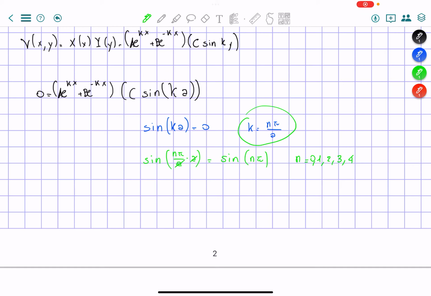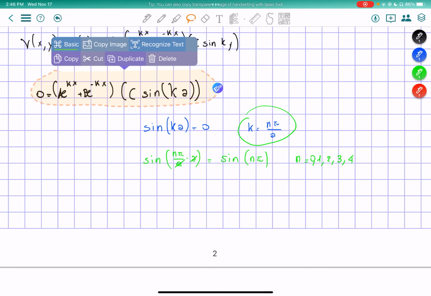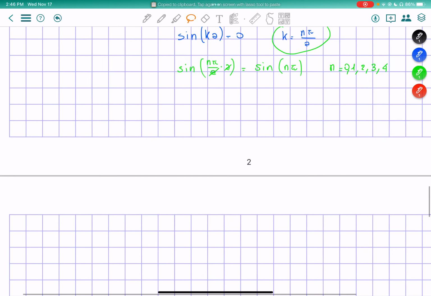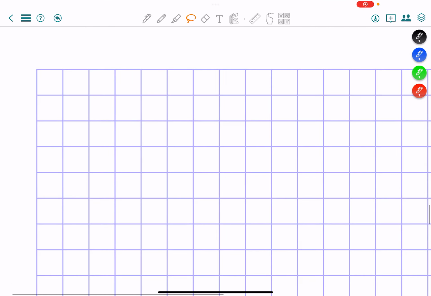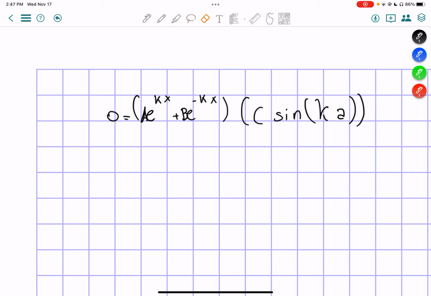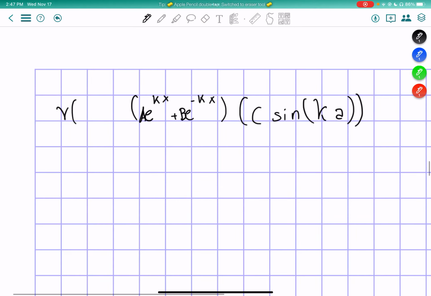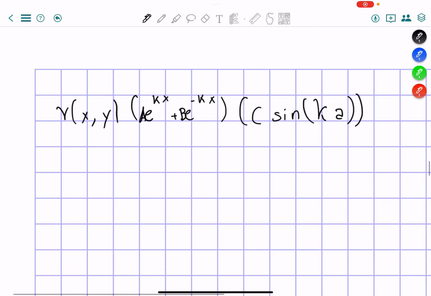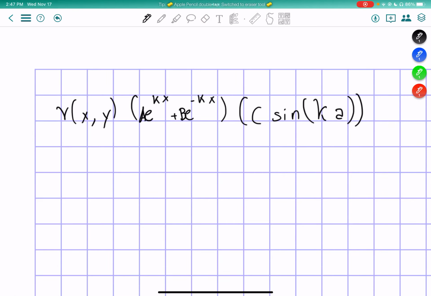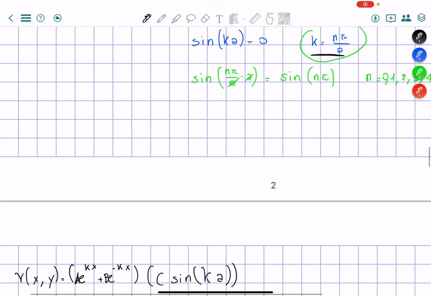And we can go and plug in our solution. So let's just take this one that we have over here, go down, and paste it. This one is our voltage, X and Y we said. And instead of writing k, we're going to write the solution that we found before. That is, k is equal to n pi over a.